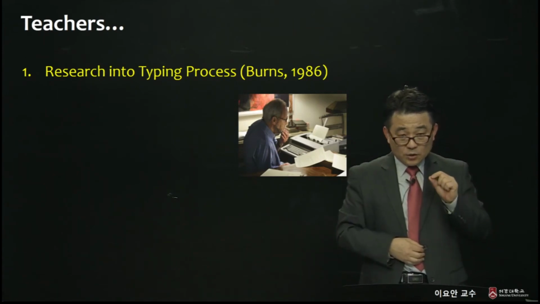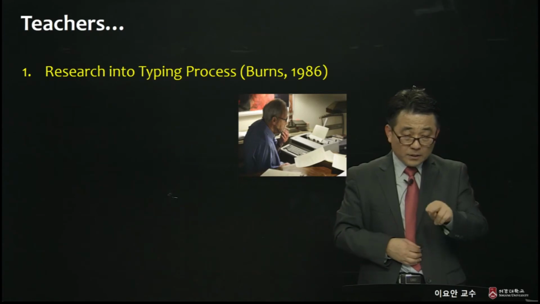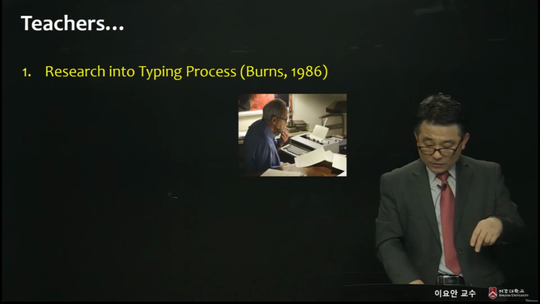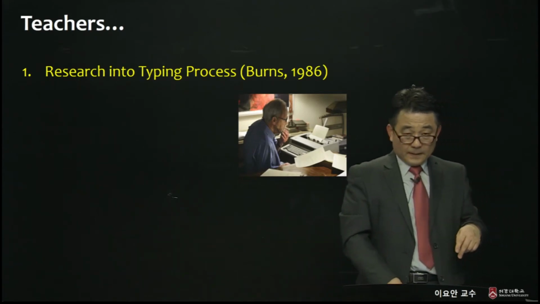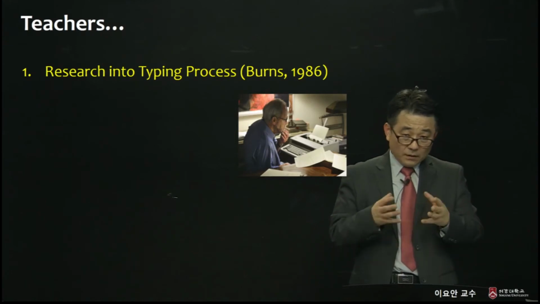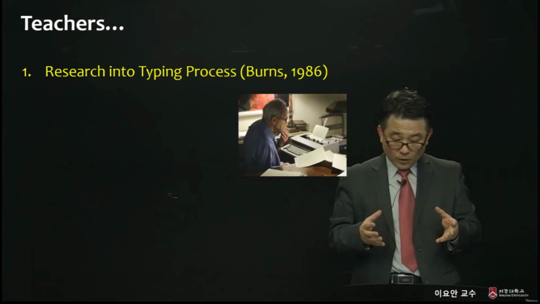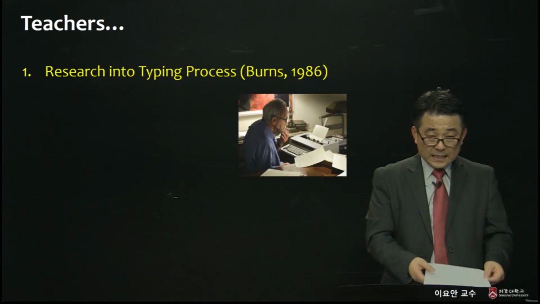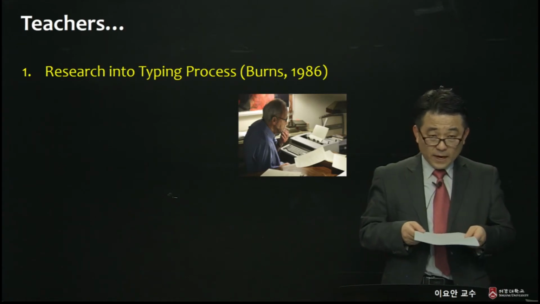So Stacy Burns captured all this process, and then argues that at the end of the day, after all this typing process, what you have is a very clean copy of the writing.